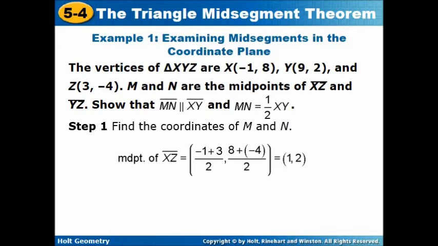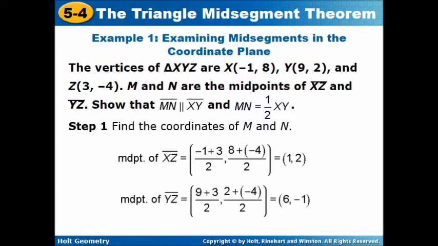And then we're taking the y coordinates of X and Z, and those are 8 and -4. We're combining those, and again, because we're taking the average of those two numbers, we're dividing by 2. And therefore, the midpoint of XZ is (1, 2).